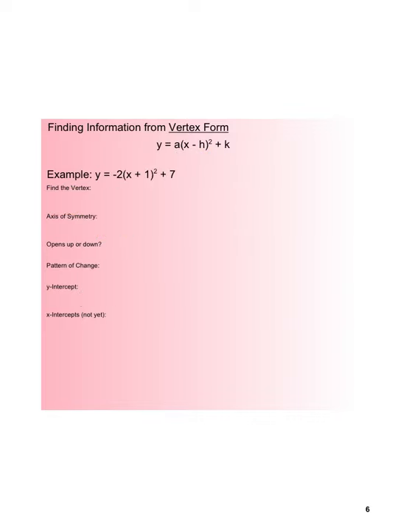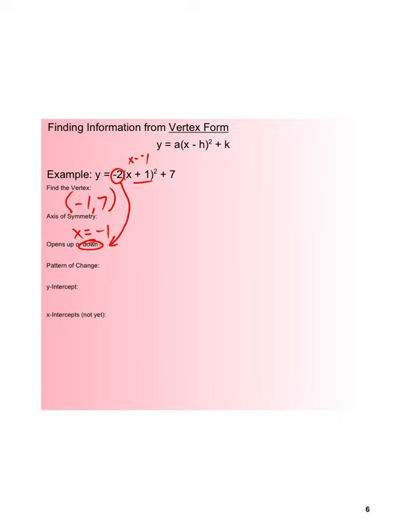So just again, finding the vertex, this is a +1, so that means it started out, this was actually x minus -1, so h was -1 in this case. The y vertex is at 7, so the axis of symmetry is right at what the x value of the vertex is. This does open down because of that -2.